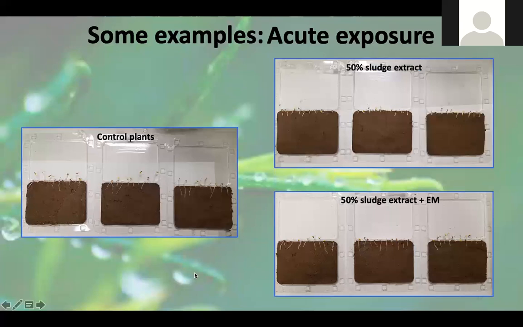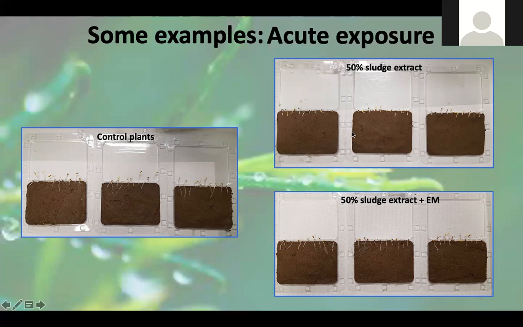Here we have another example of acute exposure, always using sludge, but in a different way. In this case, we have used sludge extract. That means that we have washed our sludge with water, and then we have used the water to water our plants.